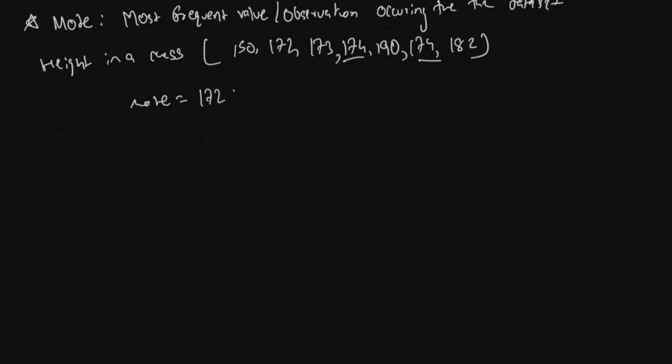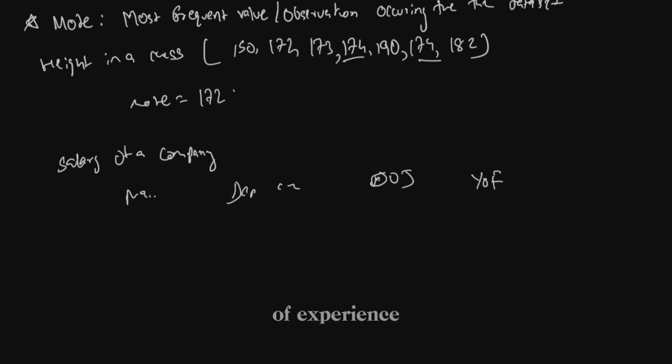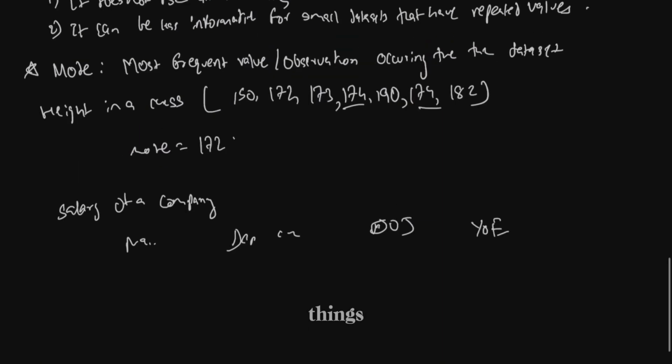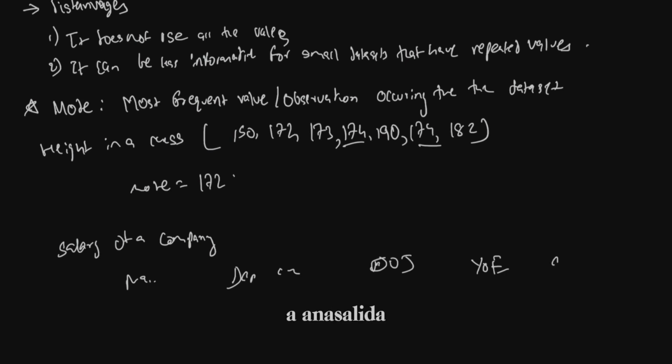Let's take the example of a salary data set, salary of a company. You have the name, department, employee ID, date of joining, and years of experience. When do you need these things? Suppose you don't have a salary, of course.